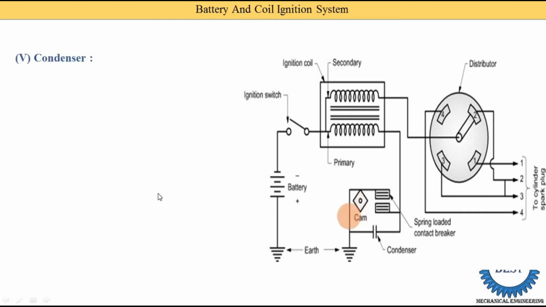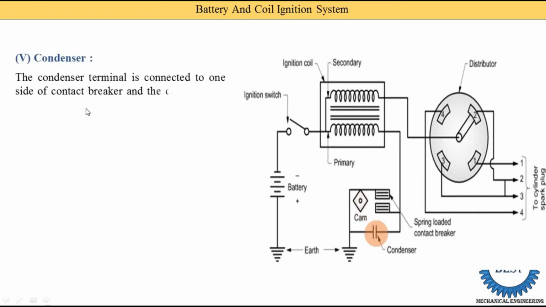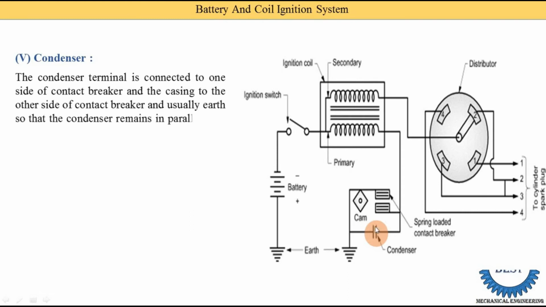Next is the condenser. The condenser terminal is connected to one side of the contact breaker, and the casing to the other side of the contact breaker, usually earth, so that the condenser remains in parallel with the contact breaker.